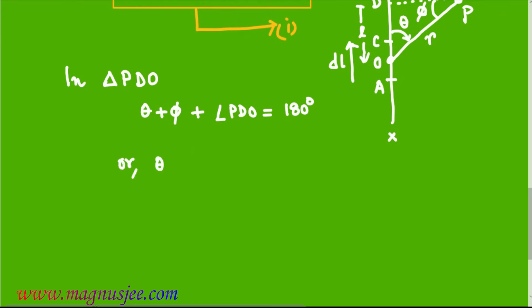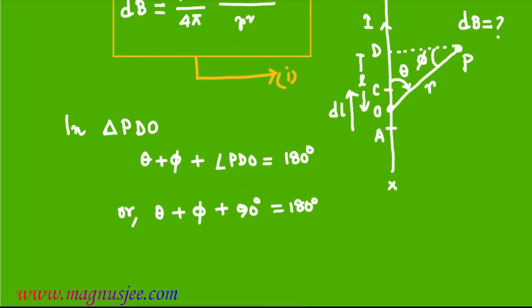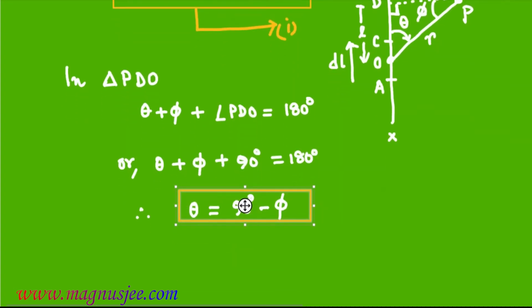Therefore, theta equals 90 degree minus phi. Theta is the angle subtended by the tangent OT at the point O with the oblique distance r. We get theta as 90 degree minus phi, which is equation 2.